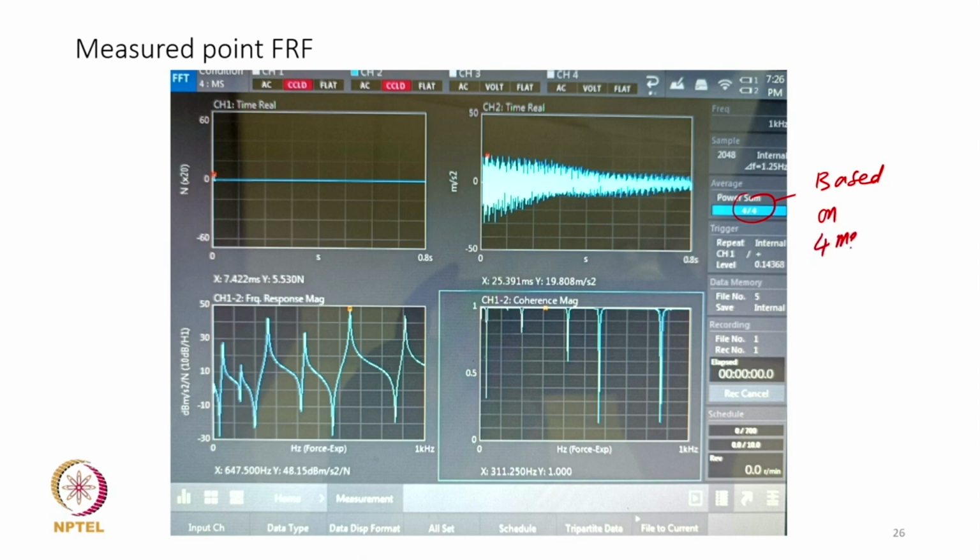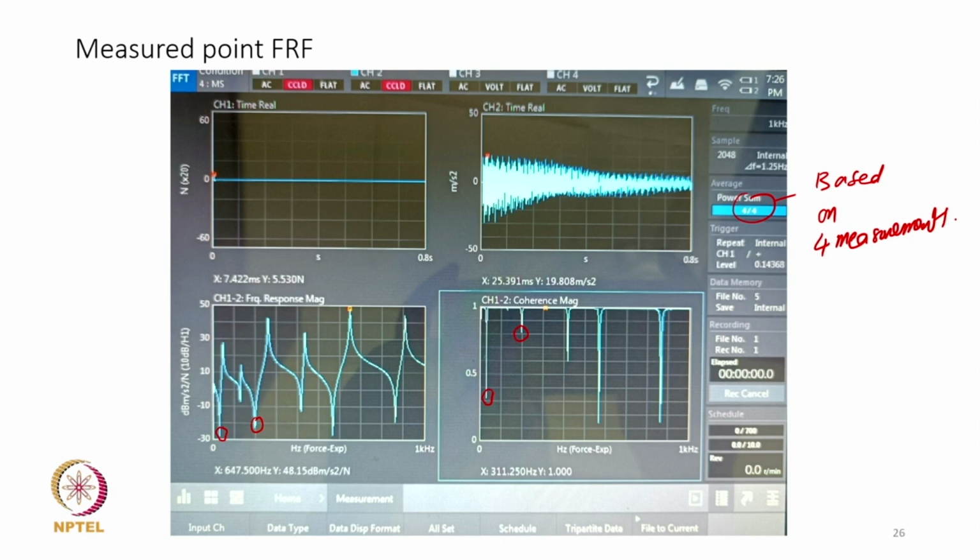What we see in the coherence now is that the coherence is low at certain frequencies, and what are these frequencies? These are frequencies where there are anti-resonances, right. You can see this coherence has a very low value, something like 0.3, at this anti-resonance frequency. Similarly, the coherence dropping to a low value is due to this anti-resonance frequency, and so on.